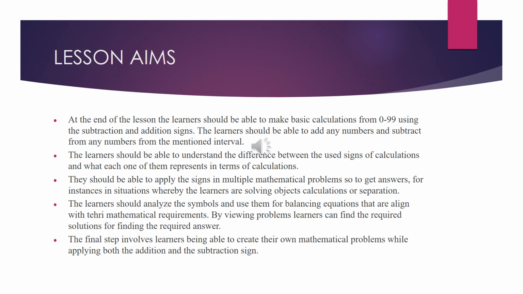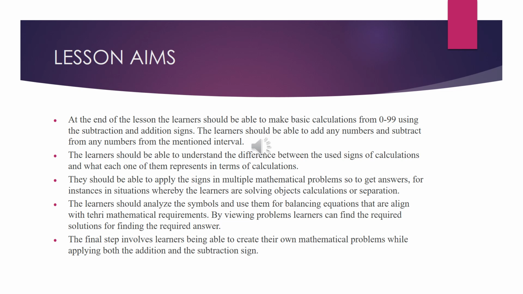Okay, they should be able to apply the signs in multiple mathematical problems so as to get answers. For instance, in situations whereby the learners are solving object calculation or separation. The learner should analyze the symbols and use them for balancing equations that are aligned with certain mathematical requirements. Alright?